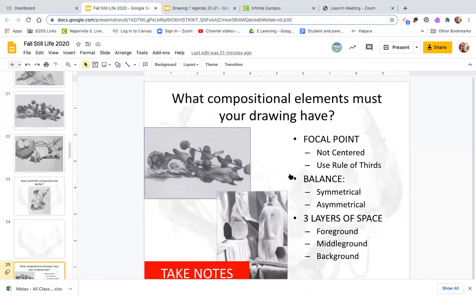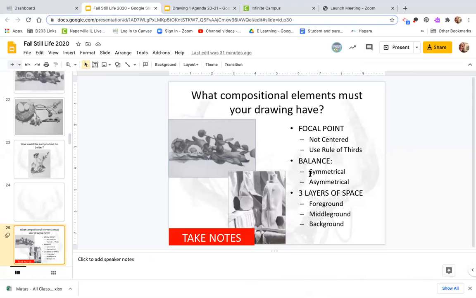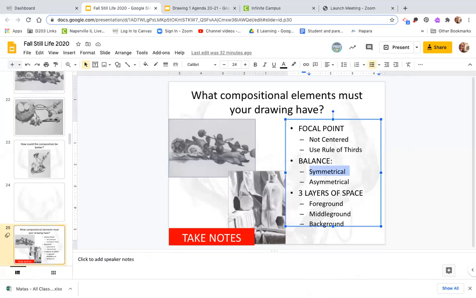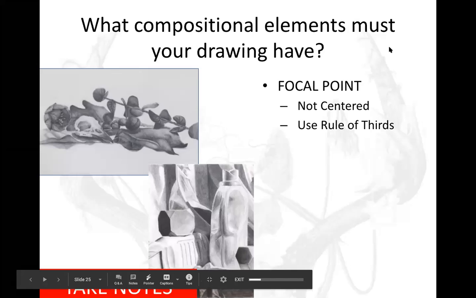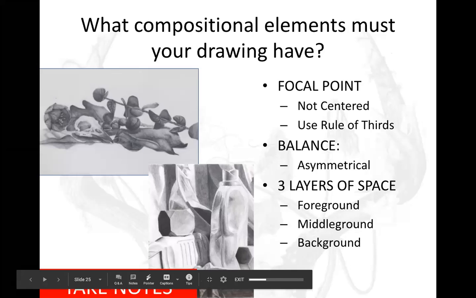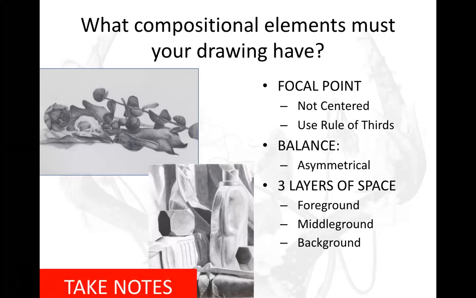This was for a still life that we made and I forgot to edit this one. Sadly, when we're at school, I have you arrange your own in the classroom, but we can't do that here. So we're just going to do an asymmetrical balance, okay? And then you need to have 3 layers of space: foreground, middle ground, background. So there's going to be some overlap, okay?